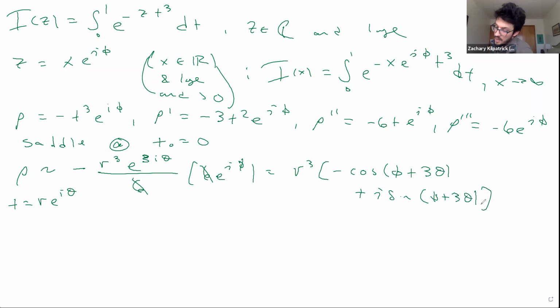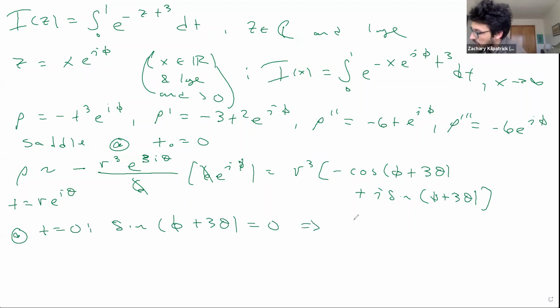Okay, so now this is where we need to identify our directions of steepest descent. Sine of phi plus 3 theta is equal to 0, because we want a constant imaginary part there that's equal to 0. That implies that phi plus 3 theta is equal to n pi.